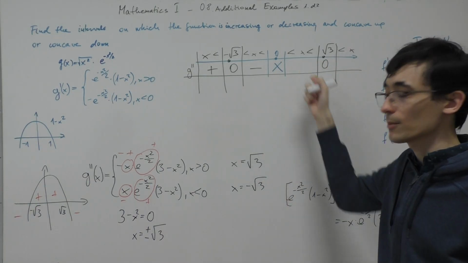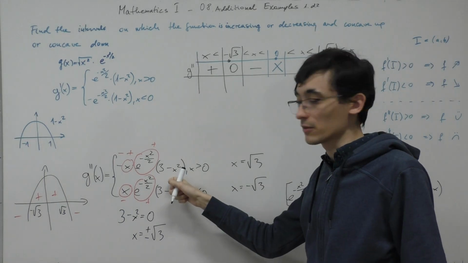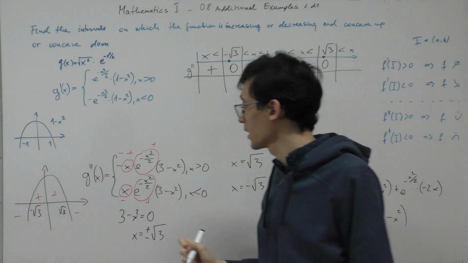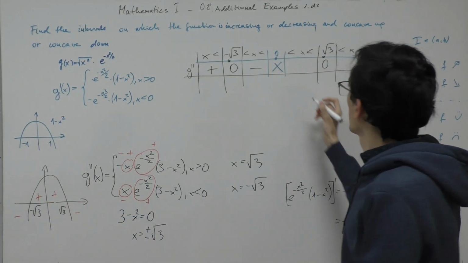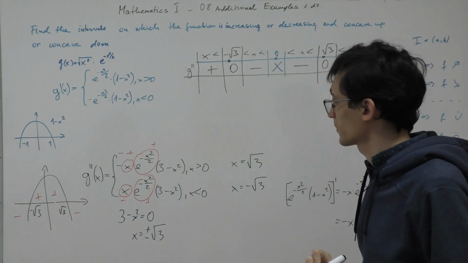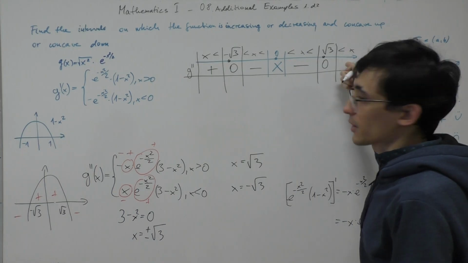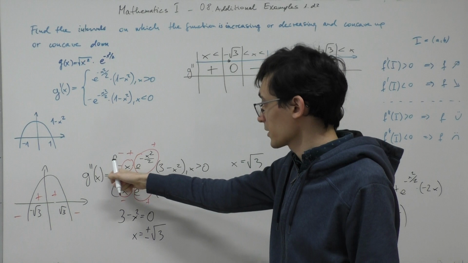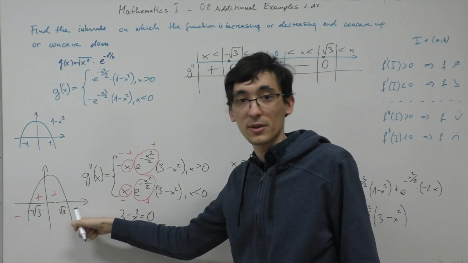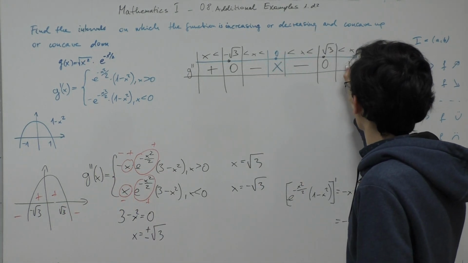On our next interval, we need to use this function because we are above 0, and we have negative, positive, positive, and positive. So we will have negative. And on our last interval, we have negative, positive, positive, and negative, giving us plus sign here.